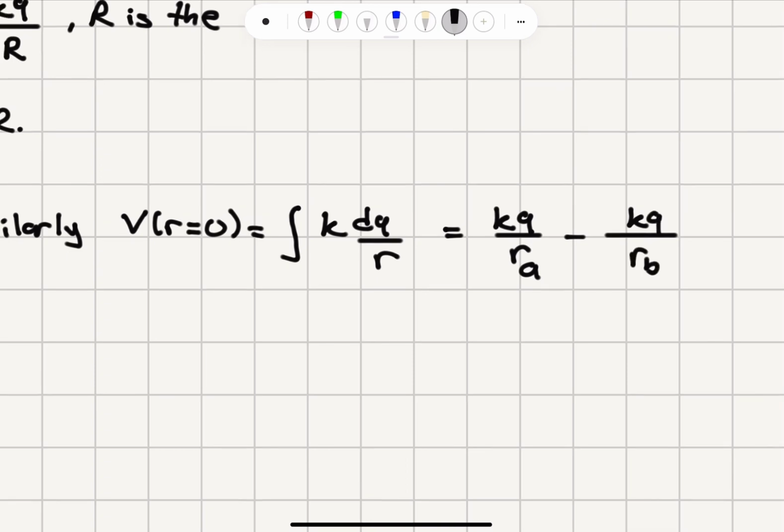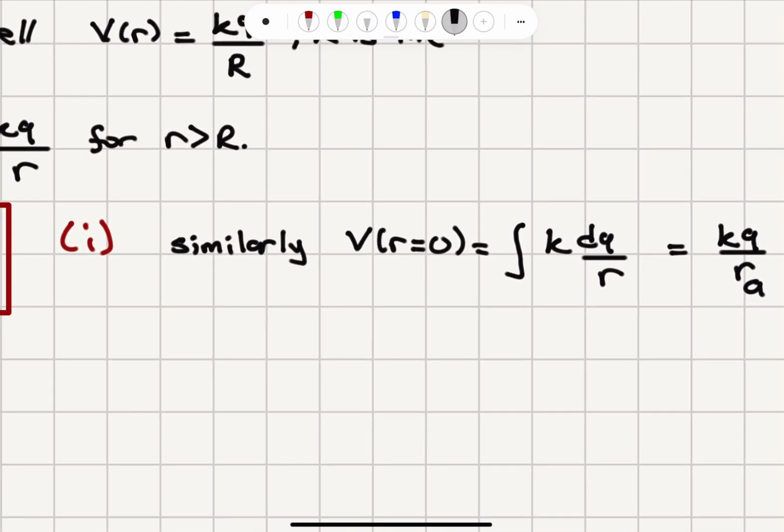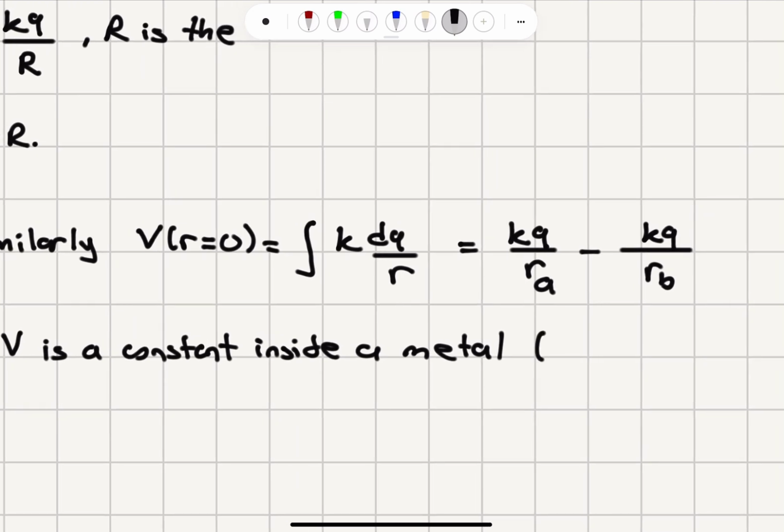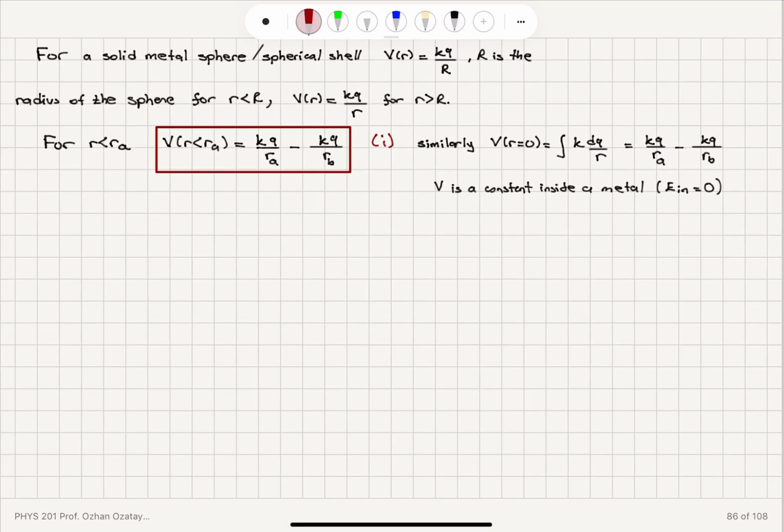And at the same time, potential is a constant inside a metal because the electric field is 0.